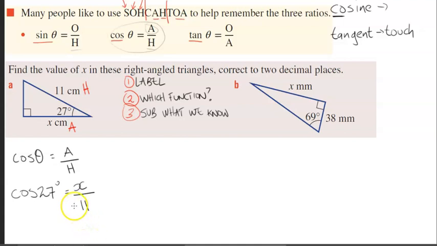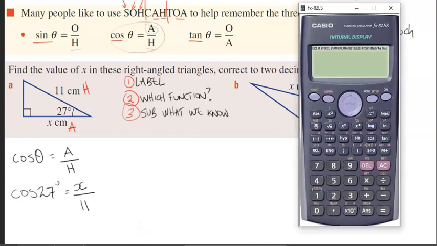And so what we end up with is cos 27 degrees is equal to x over 11. So to give some insight, what is cos 27 degrees? Cos 27 degrees is equal to 0.89. This is just saying that some number divided by 11 has to equal 0.89.